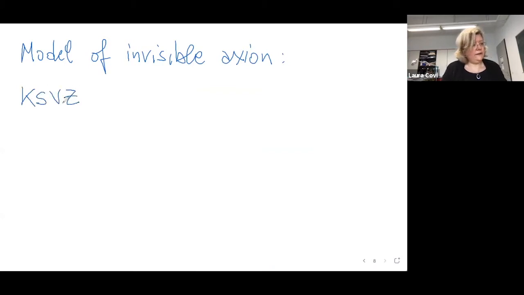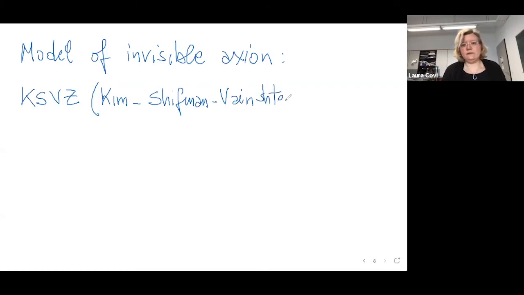And the KSVZ is from the initials of the original proposals, which were Kim, a single paper by Jihn Kim, and then a paper by Shifman, Vainshtein, and Zakharov.